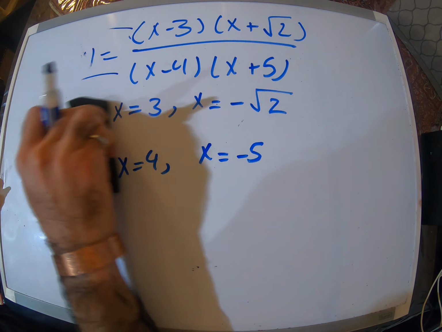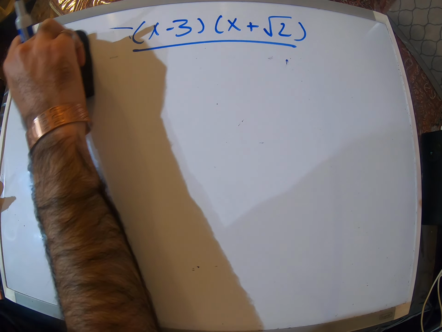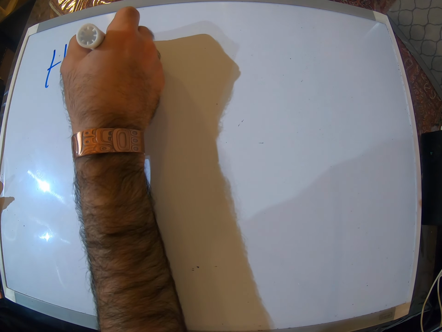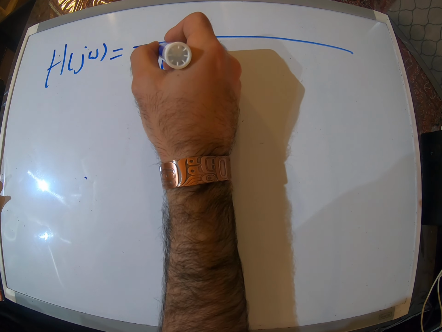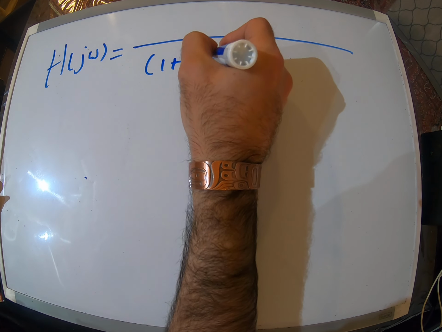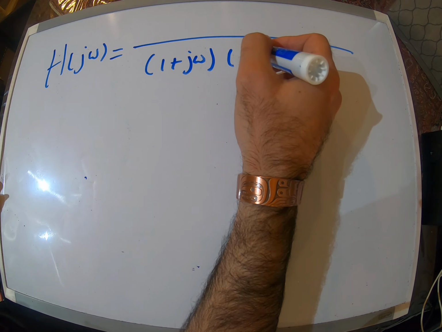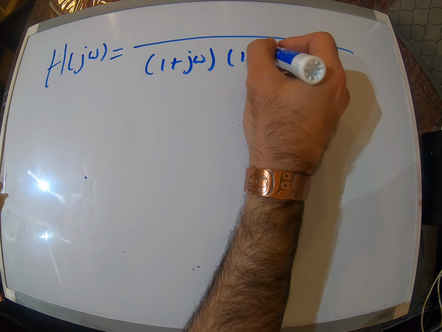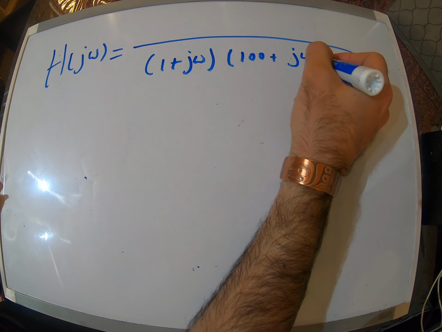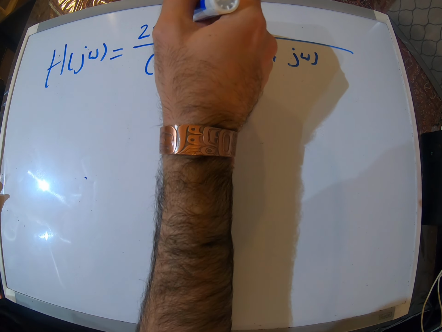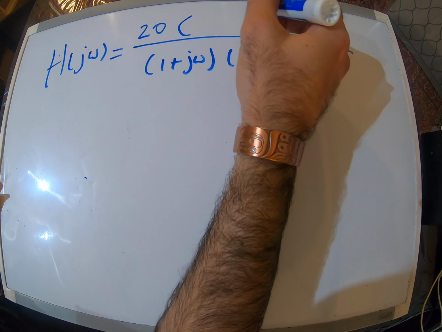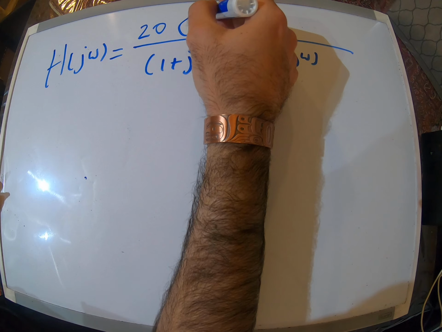Now we're going to go back to the transfer function. I'm just going to come up with something very general. So 1 plus j omega times 100 plus j omega times 20 times 10 plus j omega.